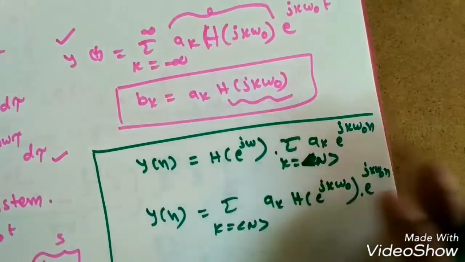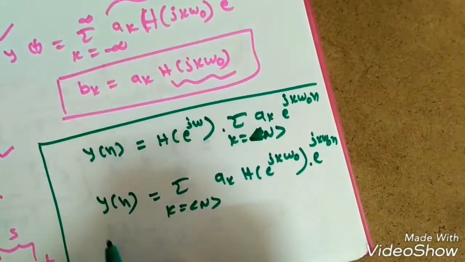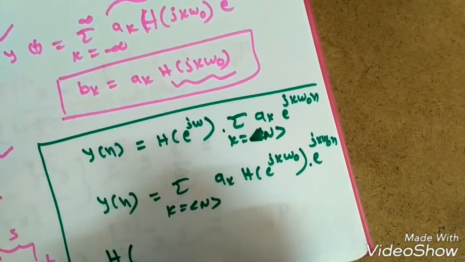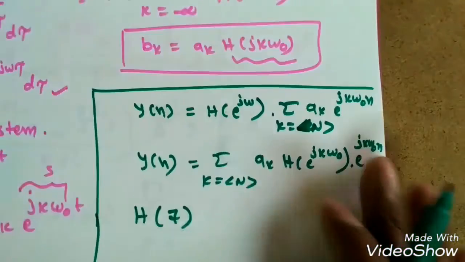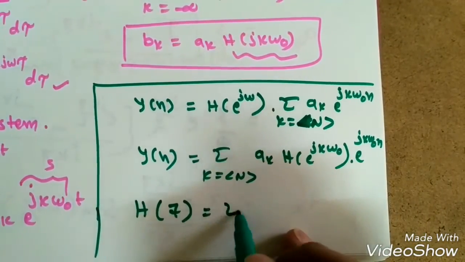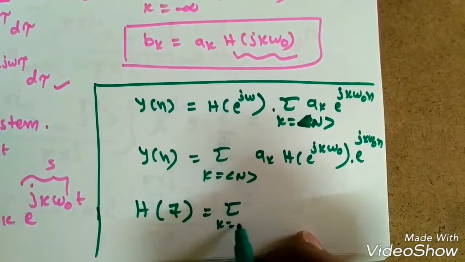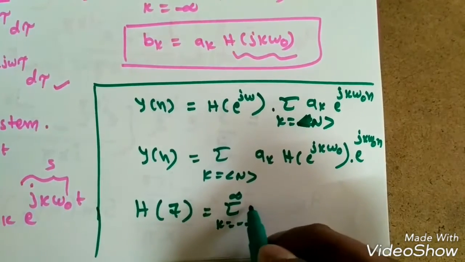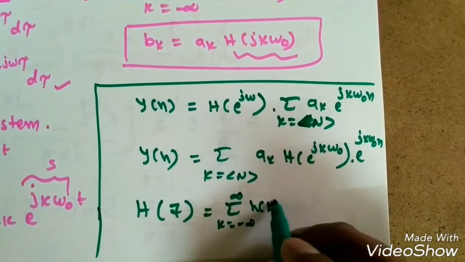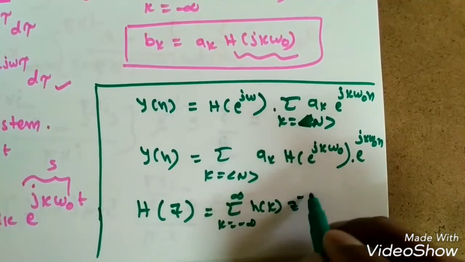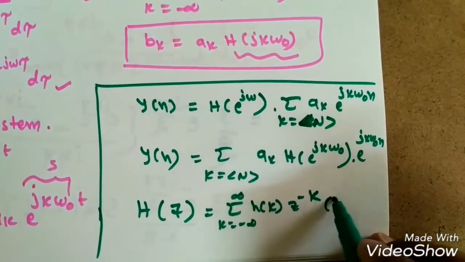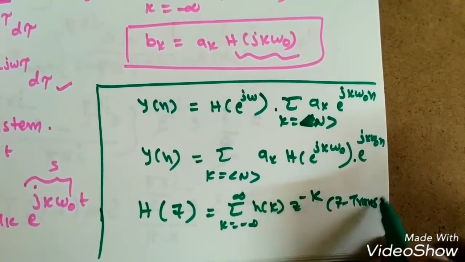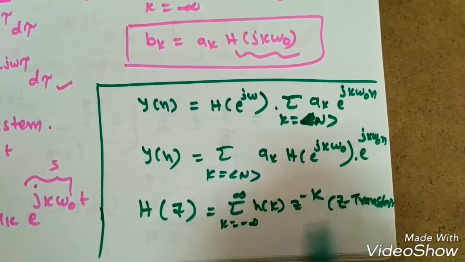Now what is this H of e power j omega? Generally we say H of z is equal to, how to find this one, sigma k equals minus infinity to infinity h of k z power minus k. This is the Z transform. We will see the details when we talk about the Z transform.